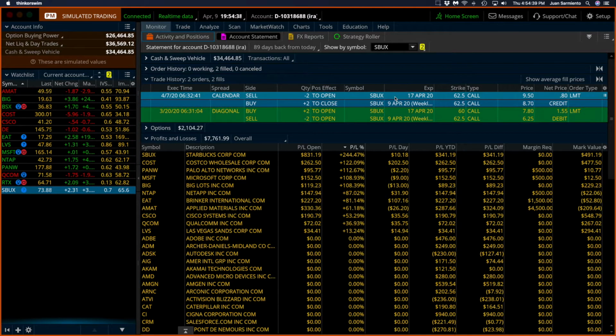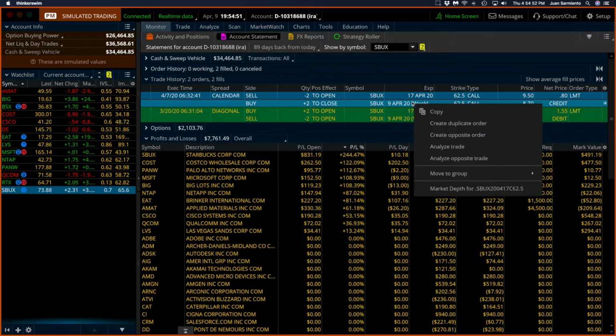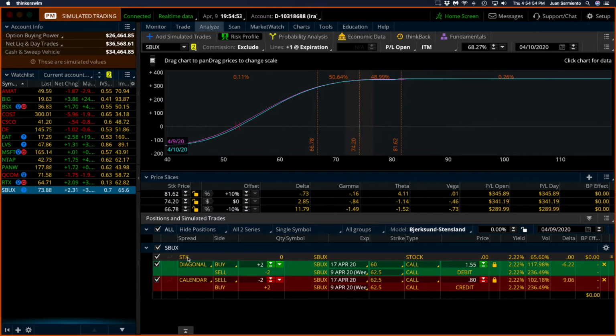Essentially, by doing this calendar, I'm extending, and because as you can see, my long here is expiring also next week, I transformed this trade into a vertical spread.